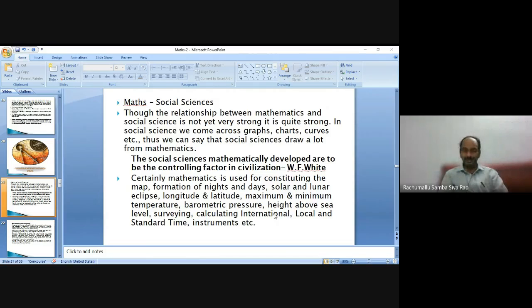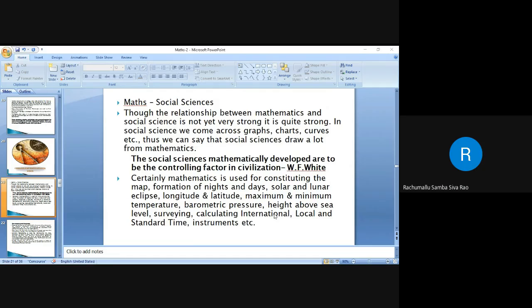With fundamental mathematical concepts only, we can perform all these in social sciences, such as constituting a map, preparation of a map.